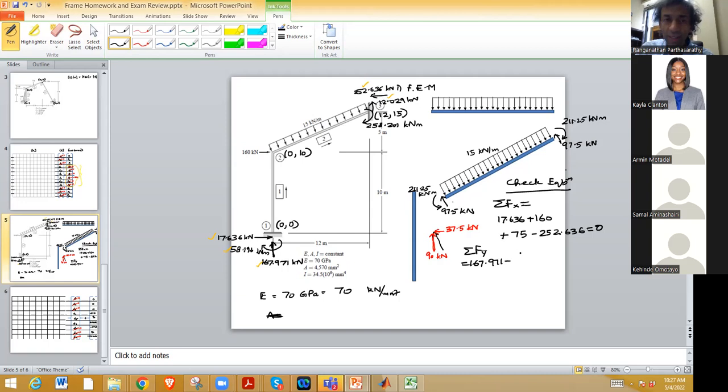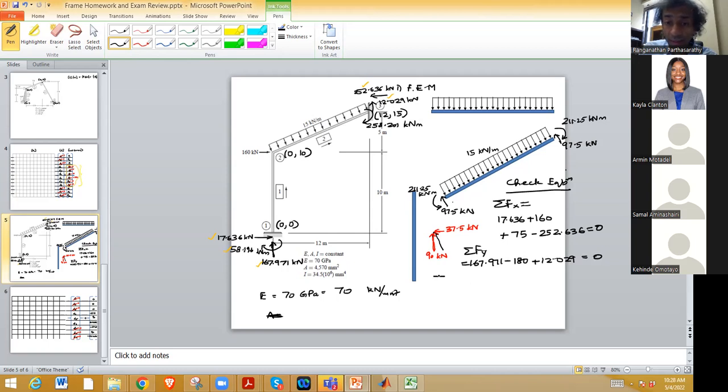So 13.84 kilonewton per meter over 13 meters. So the total vertical load is 180 kilonewton. So negative 180. And then positive 12.029. So that is 0.